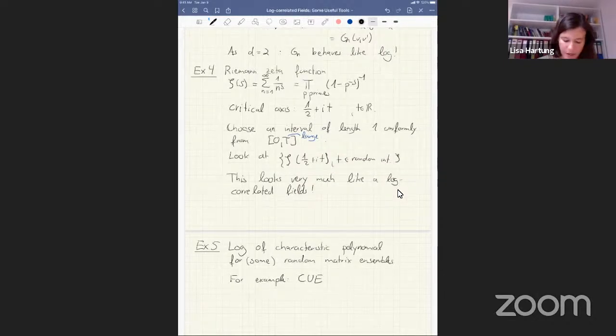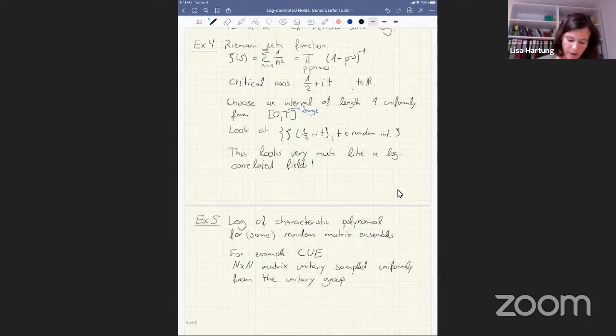So CUE means you take an n by n matrix which is unitary, which you sample uniformly from the unitary group, and you denote by P_{U_n}(theta) the characteristic polynomial.